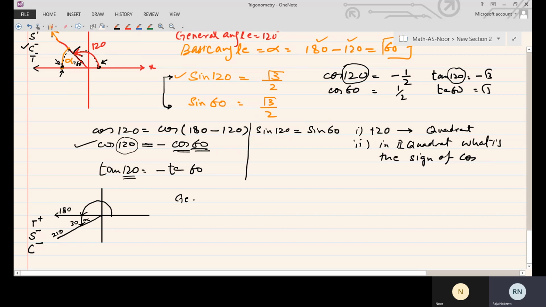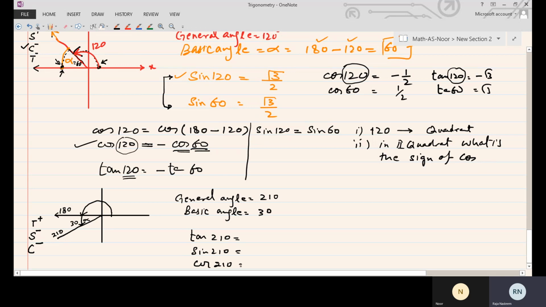So the given angle is equal to 210 and the basic angle in the third quadrant is equal to 30. So we will find tan of 210, sine of 210 and cos of 210.